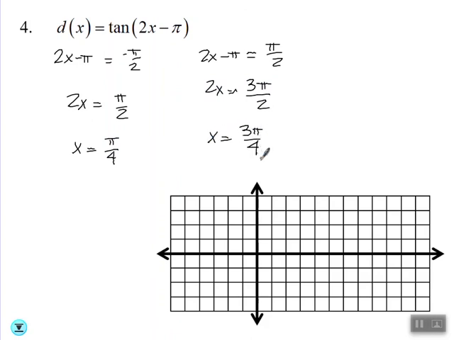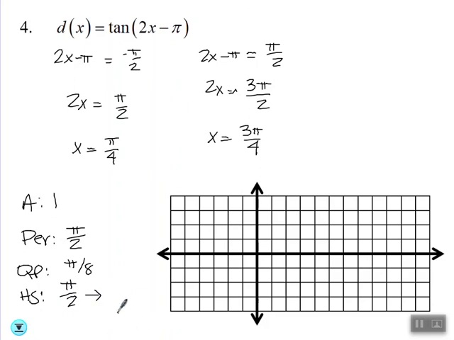And then we have our asymptotes. For this function, our a value is 1. The period is pi over b, which is 2, so pi over 2. The quarter period would be pi over 8. This time we have a horizontal shift of c divided by b, so pi over 2, so we're going to the right. And we do not have a vertical shift.